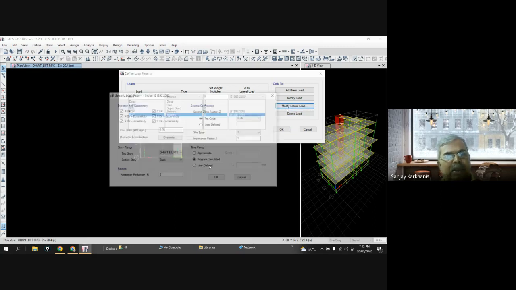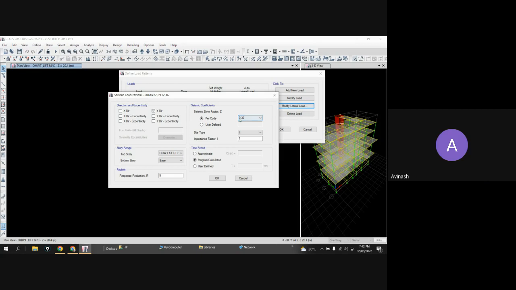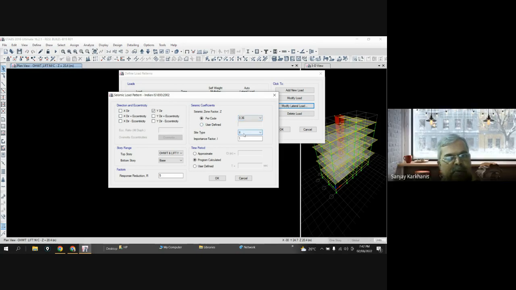Again, do the same thing, but now I will uncheck this. Only Y direction. Then Yes, sir. Z equal to 0.36. Here it will be second. Here it will be 1. And here it will be terrace. And the program calculated. And R equal to 5. That's all.